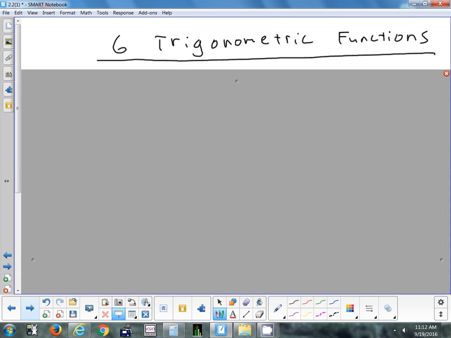So next thing we're going to look at is our 6 trig functions. This will be the first time in this class we've talked about what a trig function is. So in algebra, you have different kinds of functions. Square root, that's a function. Squaring is a function. Can anybody name another function from algebra?